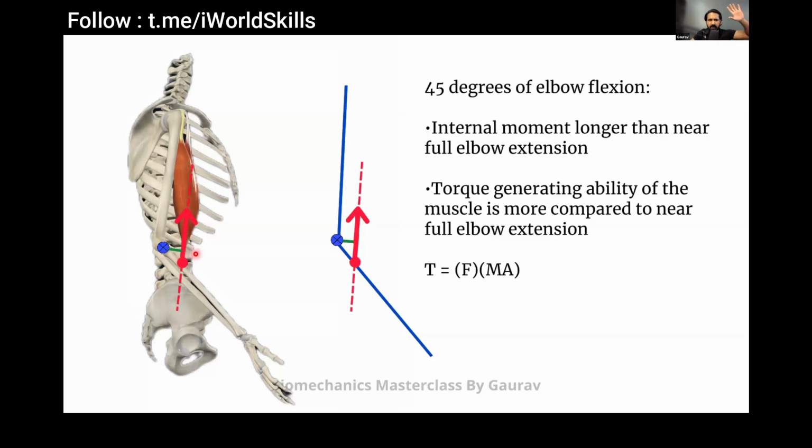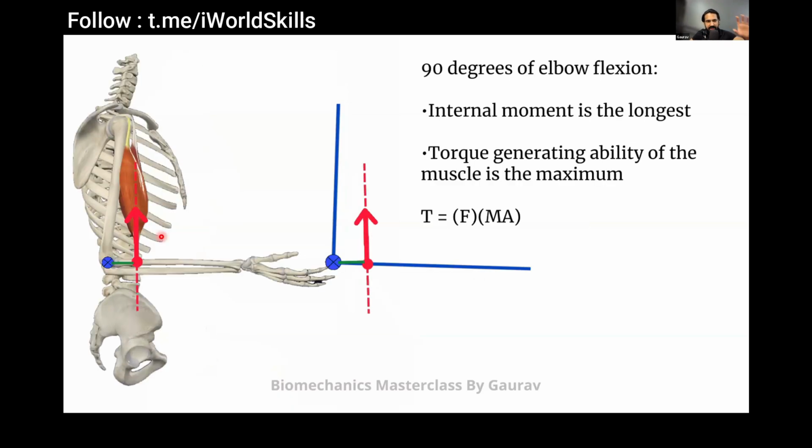Can you all see that? Type 1 in the chat. This internal moment arm is now longer as compared to the starting position. So doesn't that mean that the torque generating ability of the bicep muscle is now more as compared to the previous position? Correct.